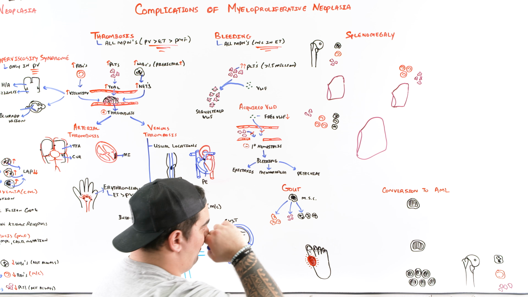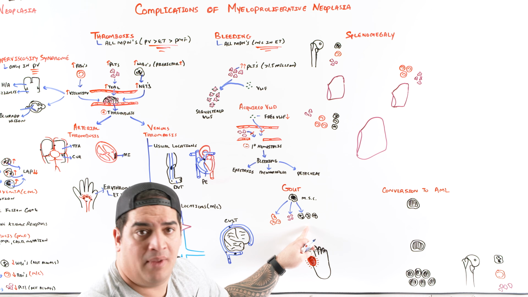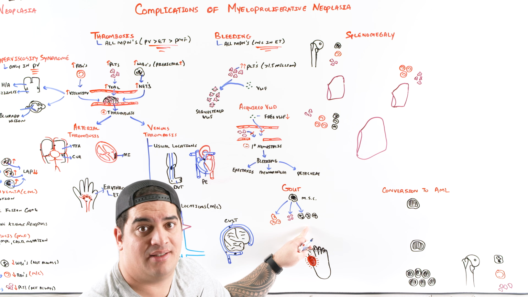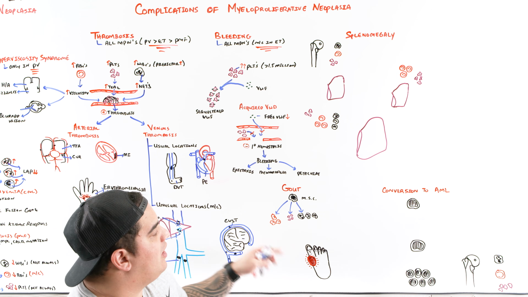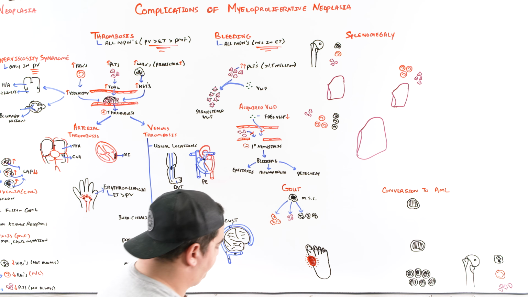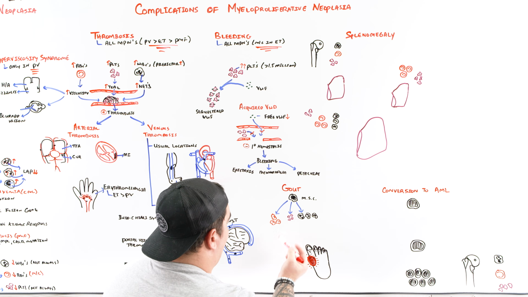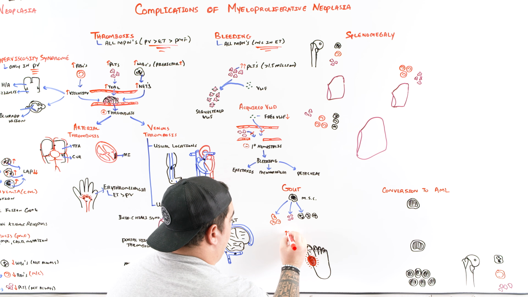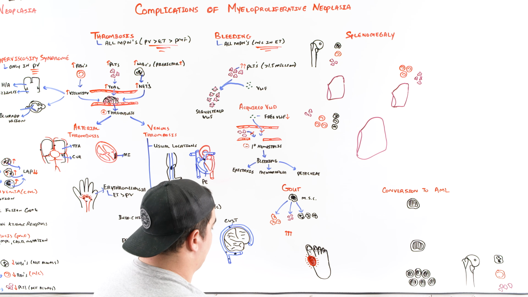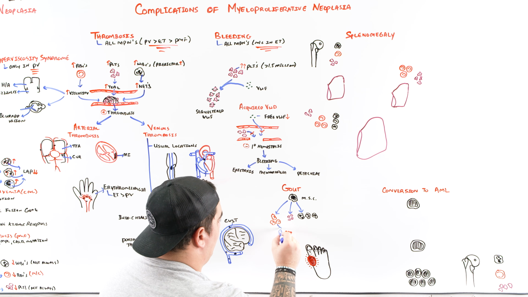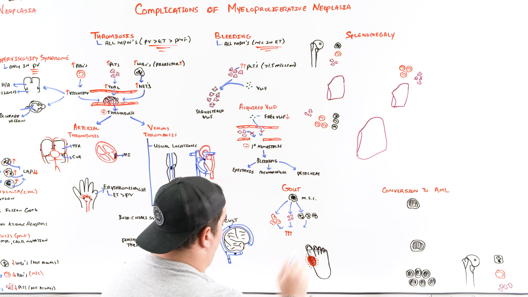And in patients who have things like CML or any of the other kinds of conditions, they can make tons and tons and tons of all these cell lines. So whenever there's this rapid cell turnover, these guys basically release a lot of this as a response to that massive cell turnover. They can make something called uric acid.